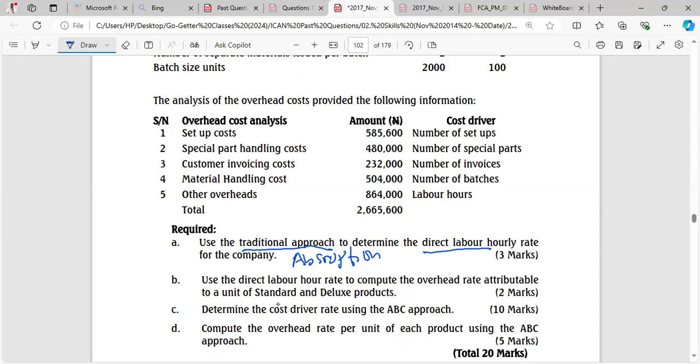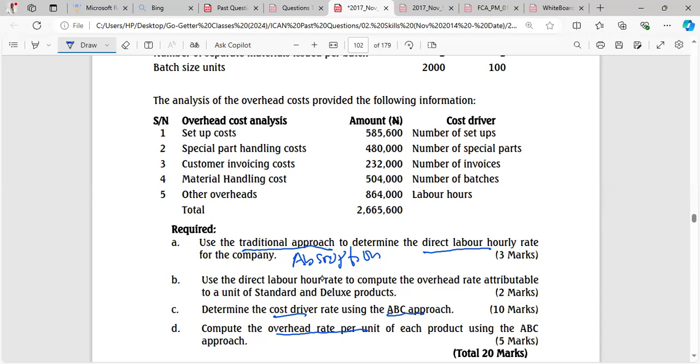Then the next thing is to use the direct labor hour rates to compute the overhead rate attributable to a standard unit of standard and deluxe products. Then the C part is asking us to use the ABC approach to determine the cost driver rate. Then we compute the overhead rate for each unit of the product.